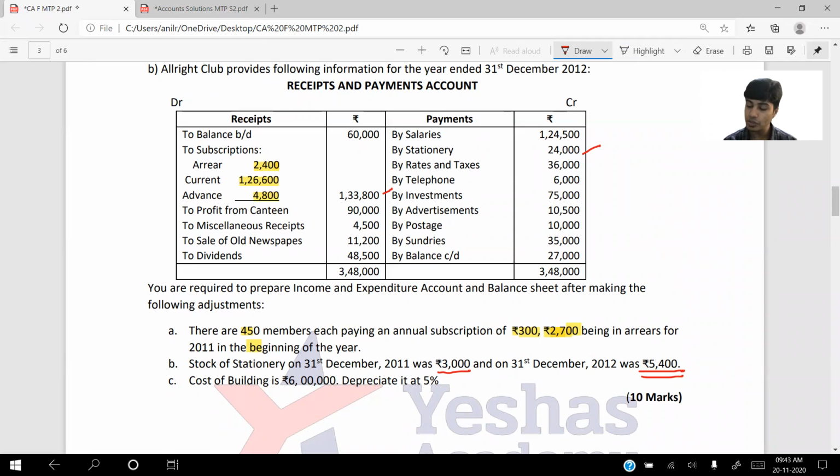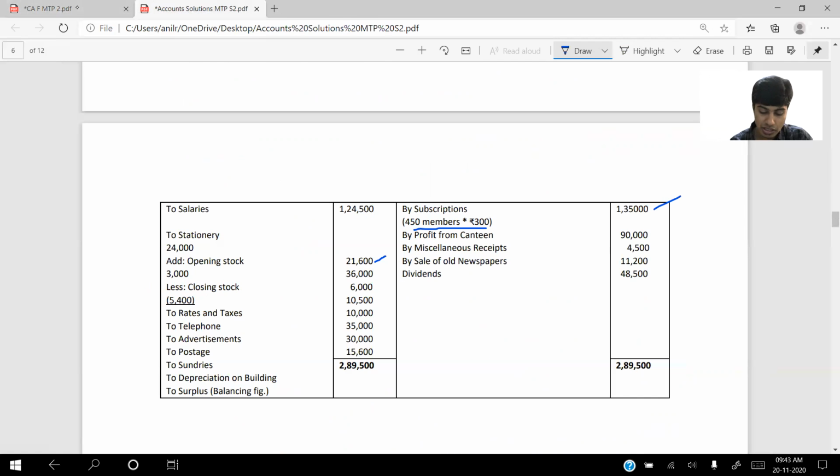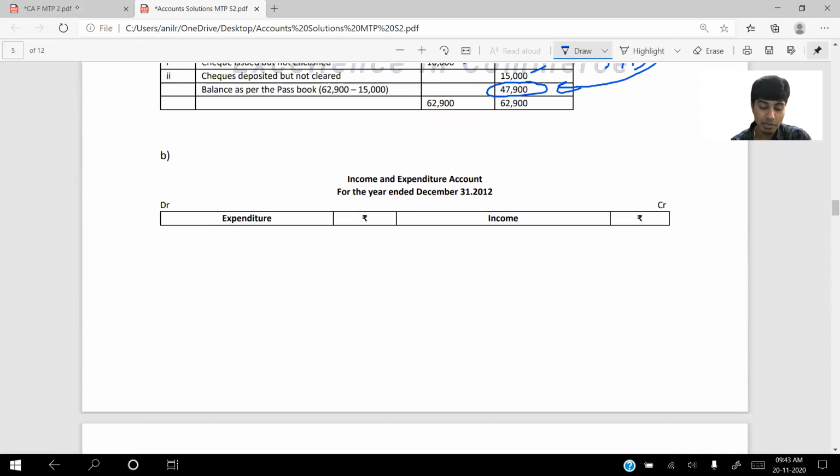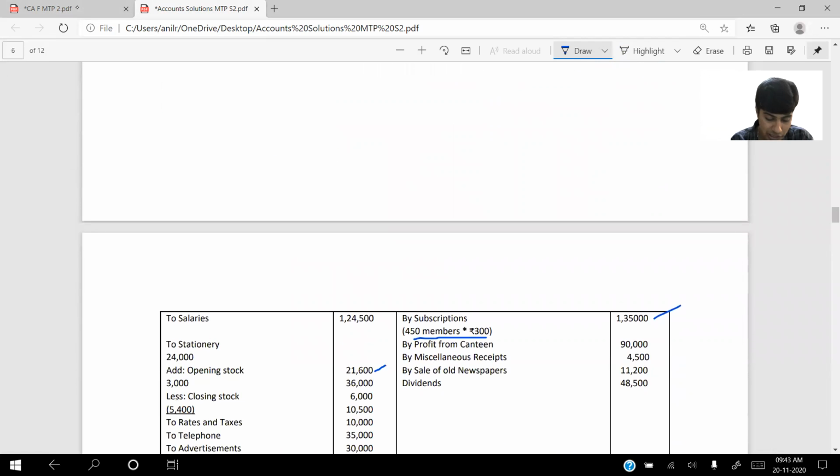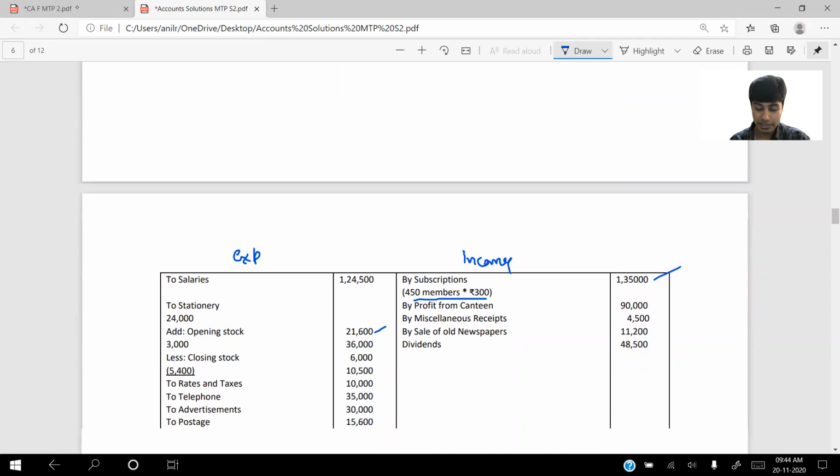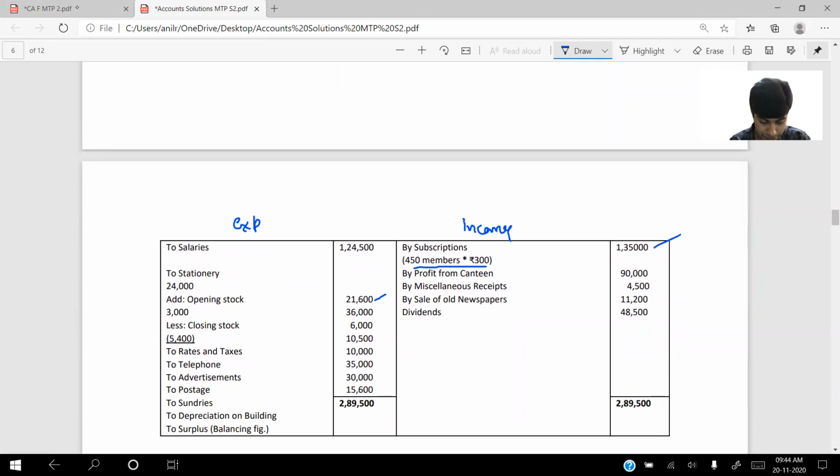If I subtract 5,400, it means that consumption is 21,600. The amount of stationery that I've used during the year is 21,600. So 21,600 is my expense, which I've written in the income and expenditure account. Perfect.